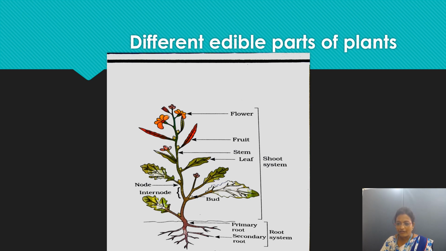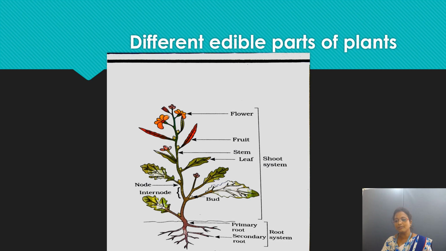So now we will talk about these parts: flower, fruit, stem, leaf, okay? The parts which are above the ground are the shoot system, and here we can see the root system. Below the ground, those are roots. For this part we call root system, and for whatever part is above the ground, we call shoot system, isn't it?